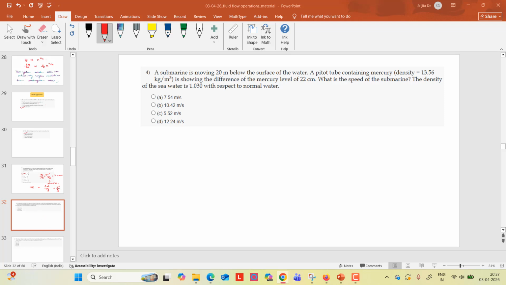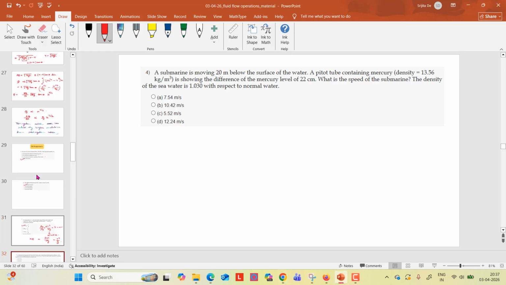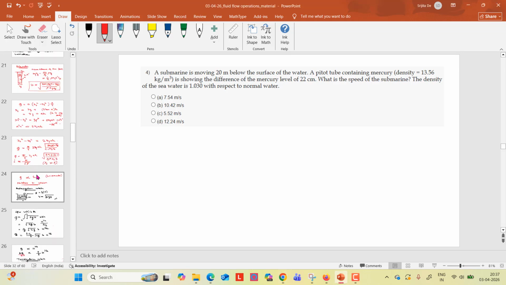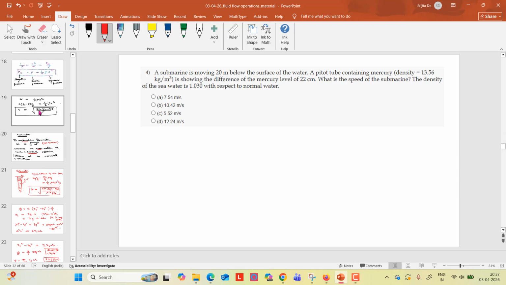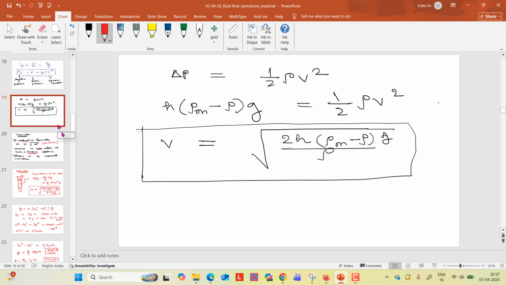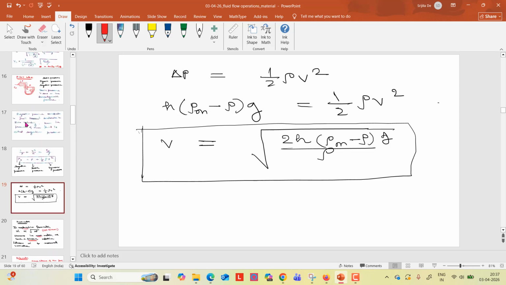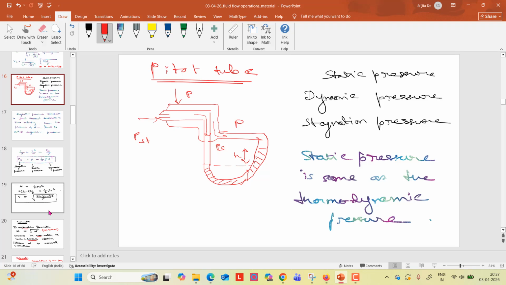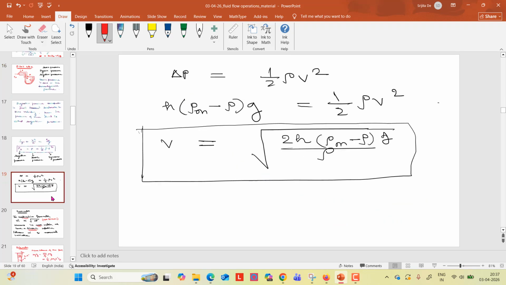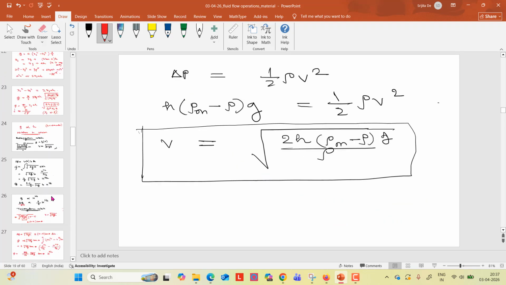So we'll now go back to the equation we have solved earlier for pitot tube just to show. So this is the velocity of this pitot tube, right? This is your pitot tube. So we'll just put this equation and put the values.